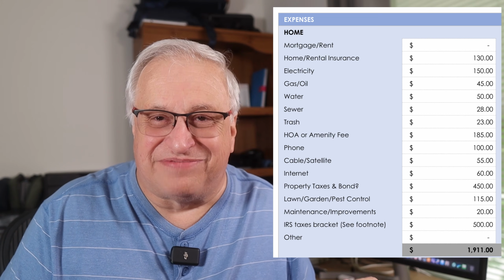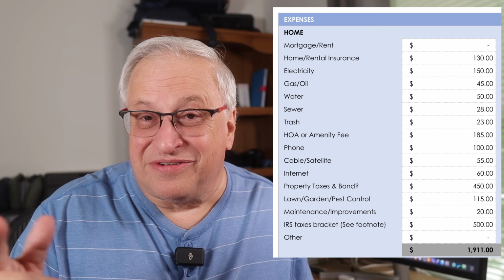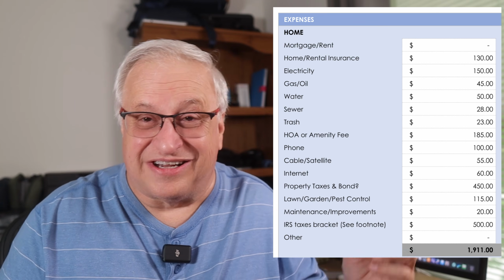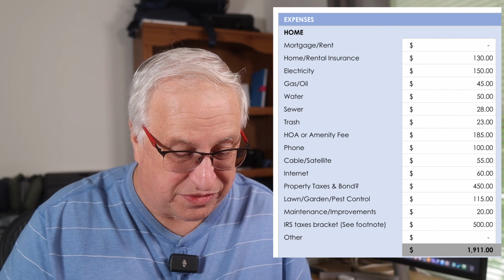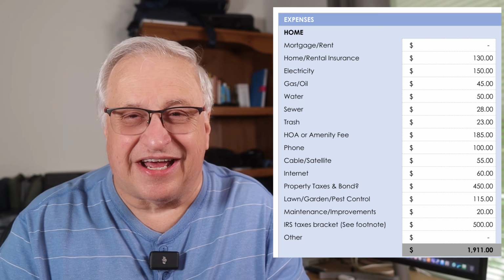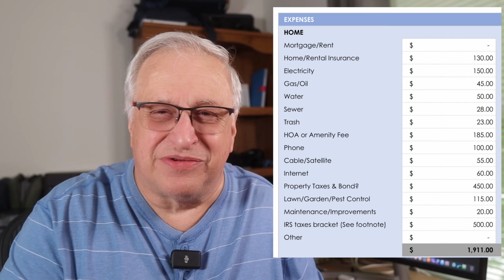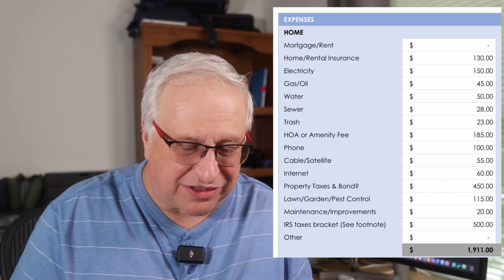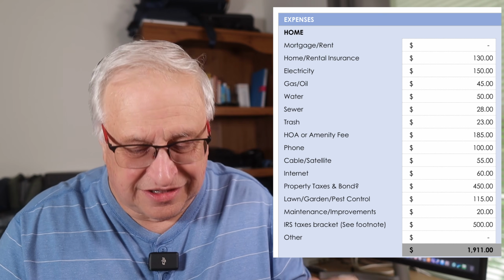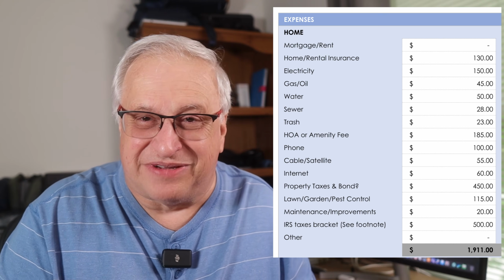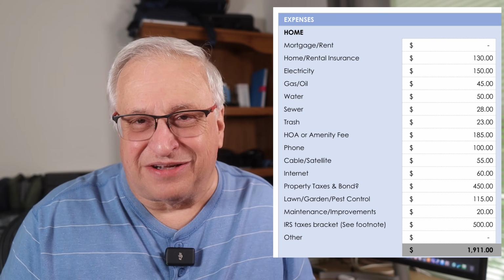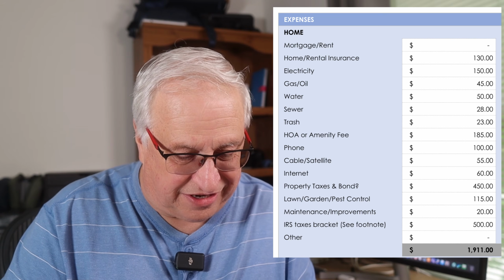Internet, how much do you pay for internet? Some of you may not go with cable, but expect to have internet. This is where that would go. Property taxes, in some retirement communities, plus bonds. What's the bill look like at the end of the year? Or what you anticipate to be at the end of the year. Divide it up by 12, stick that number in here.